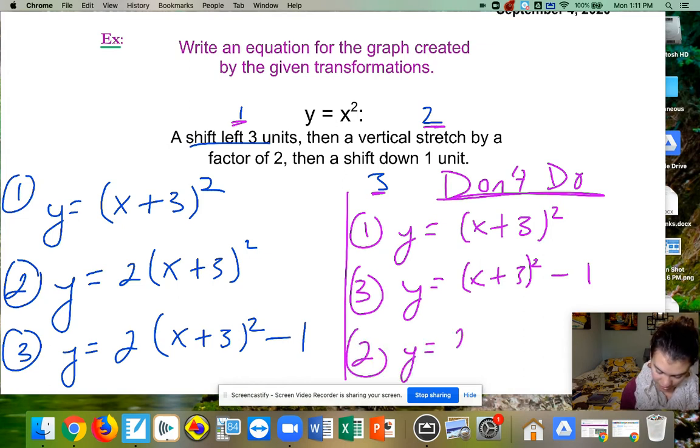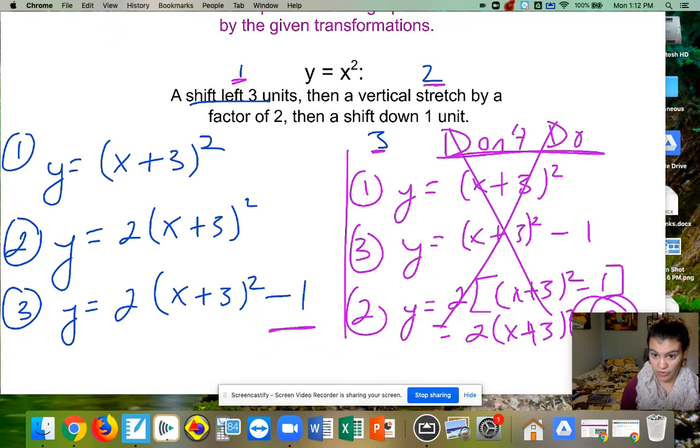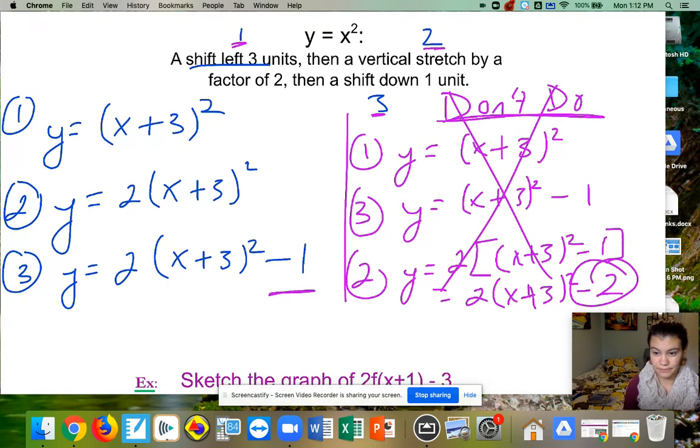We have to apply to the whole function. So you'd end up getting 2x plus 3 squared minus 2. So this would be different than this one. So make sure you do it in order. I'll move that up so you guys can see, like that. Otherwise you end up with the wrong thing.